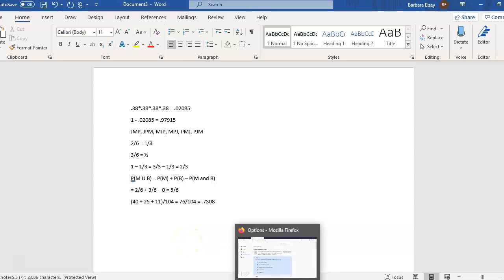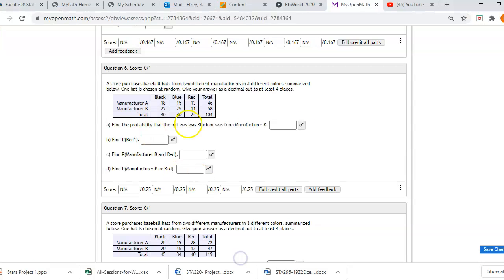All right, now let's go to part B. Find the probability of red complement. So we want all of the hats that are not red for red complement. Let's notice that we have a total of 40 black hats. We have a total of 40 blue hats. And those are the only ones that are not red.